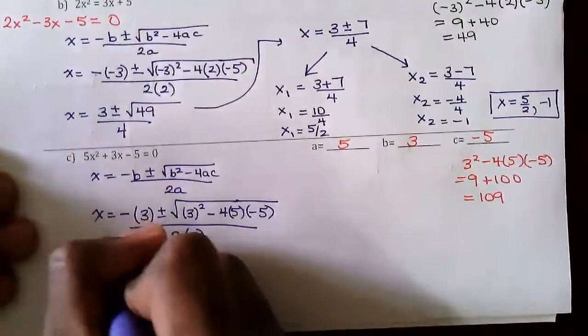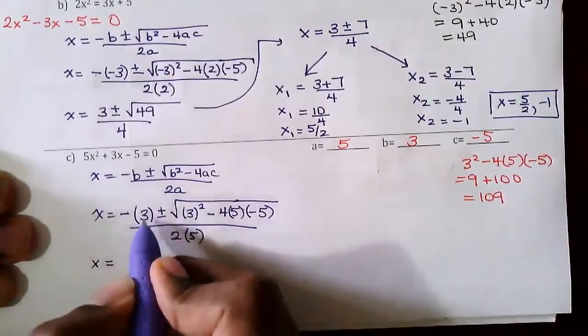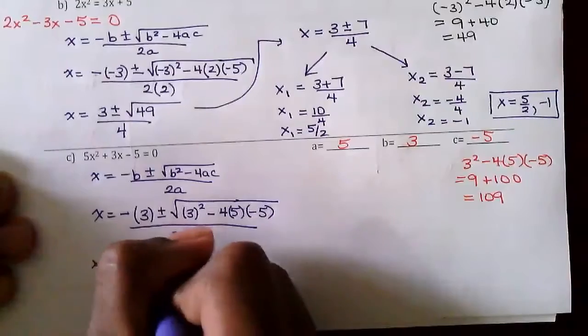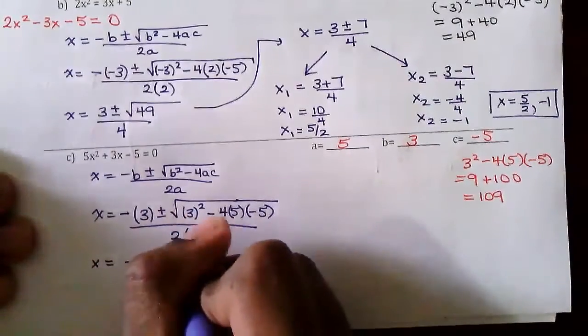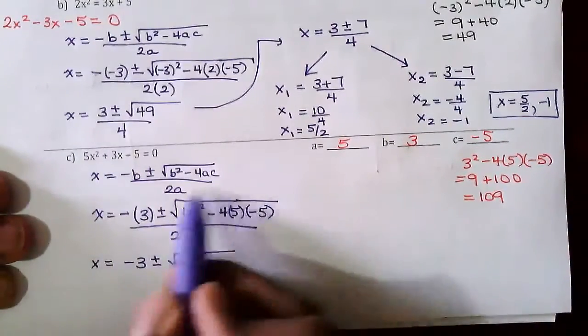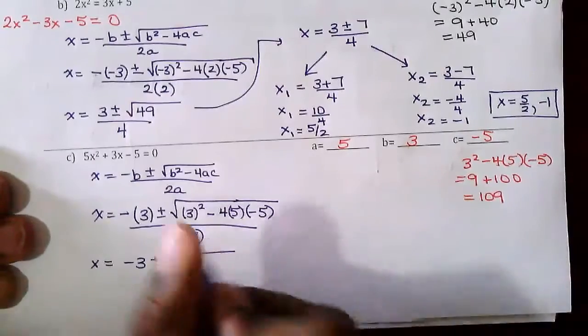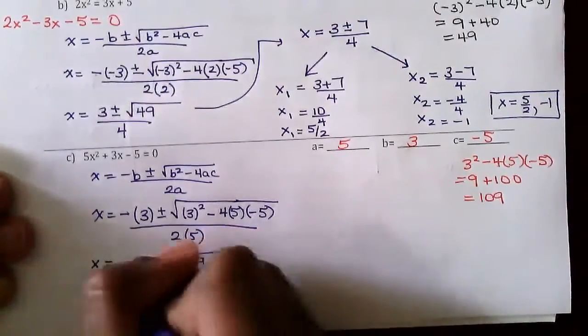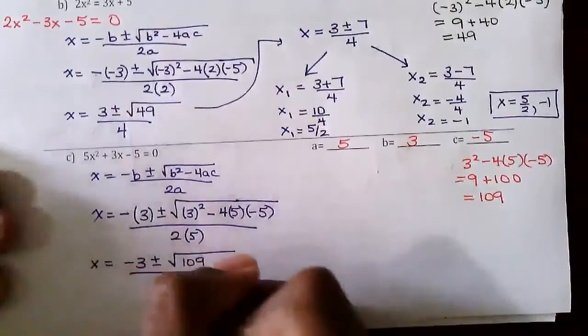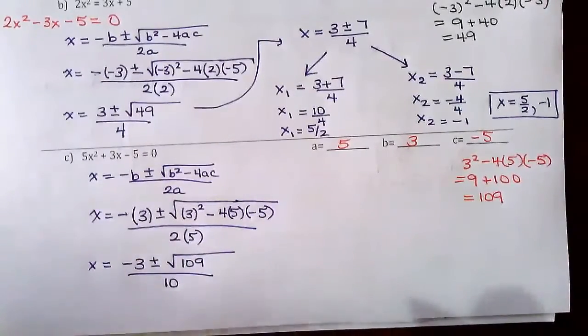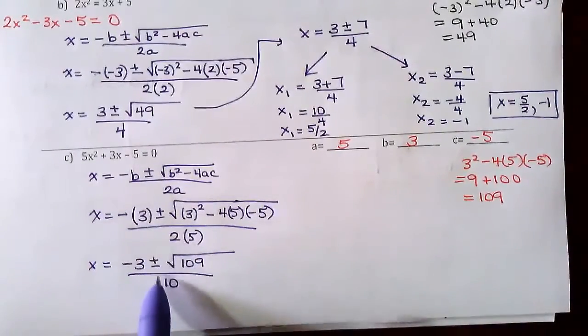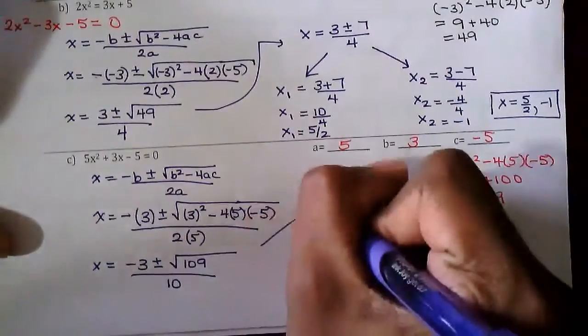So I keep going. Now I can simplify this. A minus times a positive 3 is just negative 3, plus minus. I put the square root, and if I already figured out this value, it's 109. Divided by 2 times 5, which is 10. So again, I have two scenarios, the positive and the negative, so I'm going to break it down.